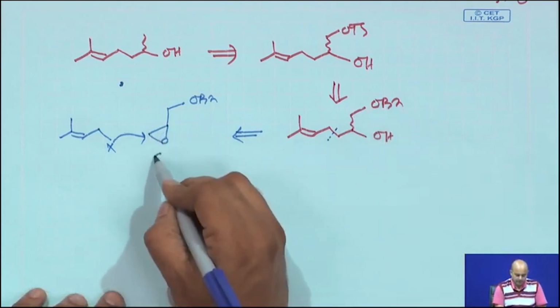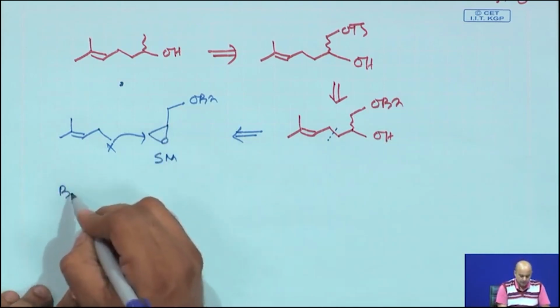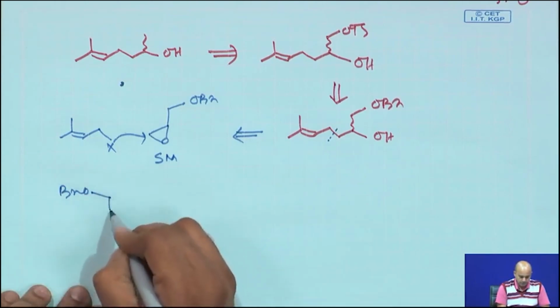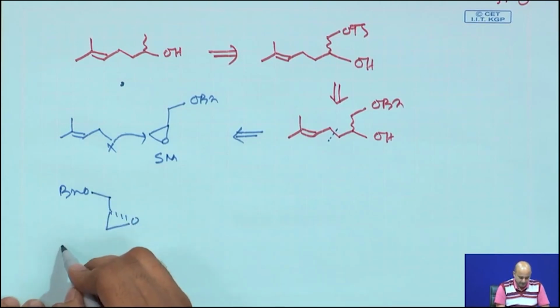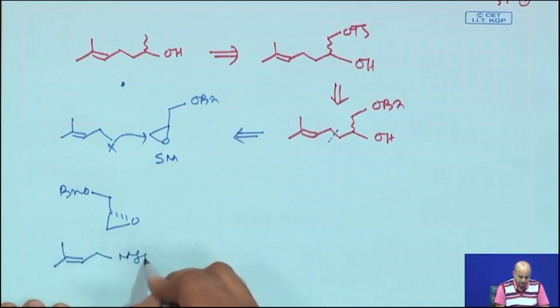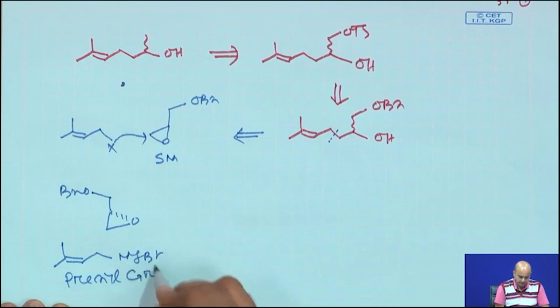So, the starting material is there, and now we start with the chiral starting material which was given to you. The starting material given to us is this, and then you react with a Grignard reagent which is very easily available. It is prenyl Grignard, from prenyl bromide. It can be easily prepared.